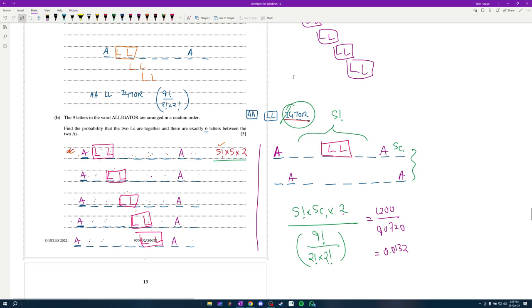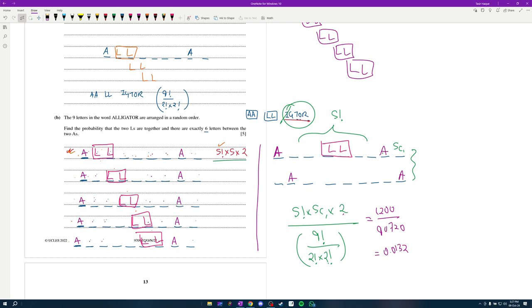The alternate is that the A starts from the second blank and the other will be on the 9th one. Only then there will be 6 letters in between. So either the A will be on the first one and the 8th one, or on the second one and the 9th one. In this particular way, you can only have 6 letters in between.